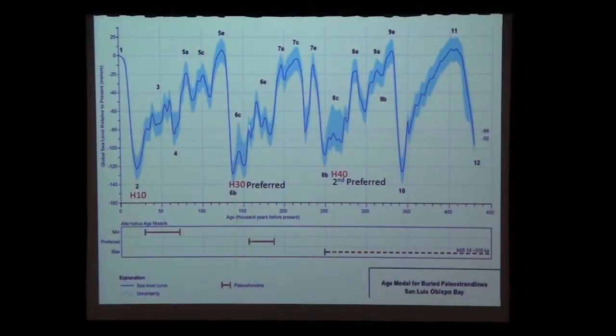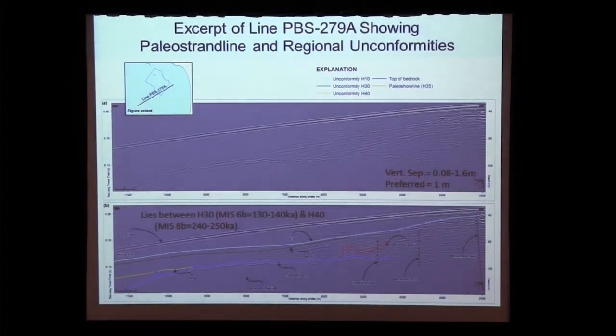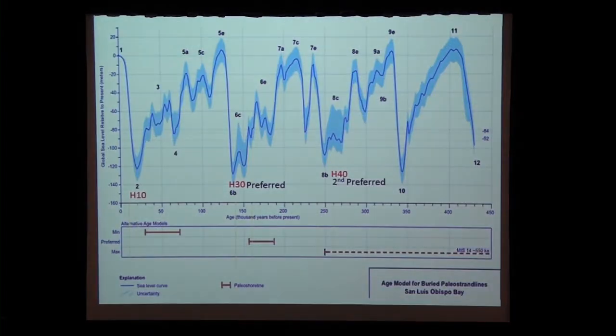Also, if we look at the sea level curve, basically this is sort of circular reasoning because those horizons were based on the sea level curves. But if we look at that, we prefer this H30 horizon. And our second preference would be the H40 horizon. So this is our age model.